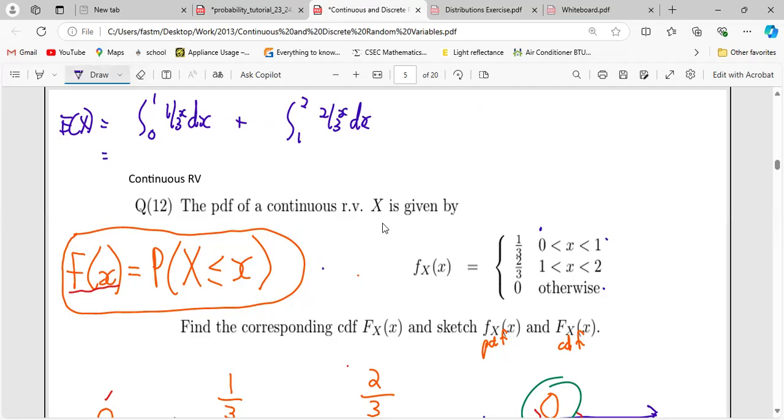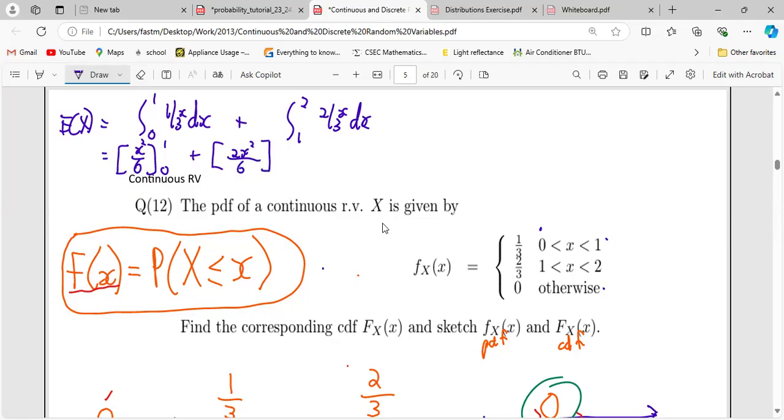And when you integrate this, I'm not going to do the full thing. It'll be x squared on 6, because 1/3 x integrates to x squared on 6. This is wrong at first, so I made a mistake. And then this one here will be 2x squared, and 2 by 3 is 6.